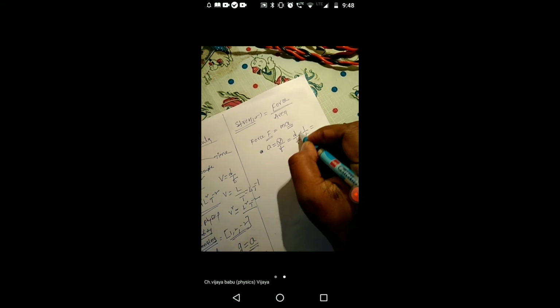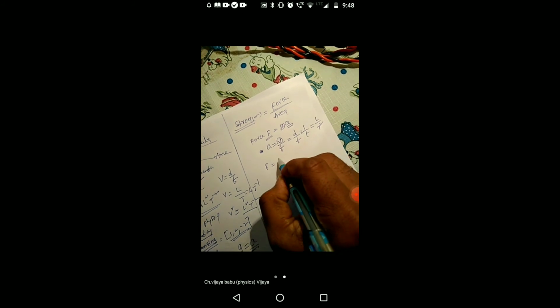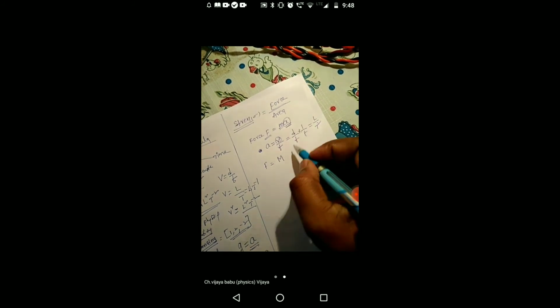It means displacement means length by t square. It means force equal to mass dimension letter m, acceleration dimension letter L by t square. It means m L t power minus 2. It is the dimensional formula of force.